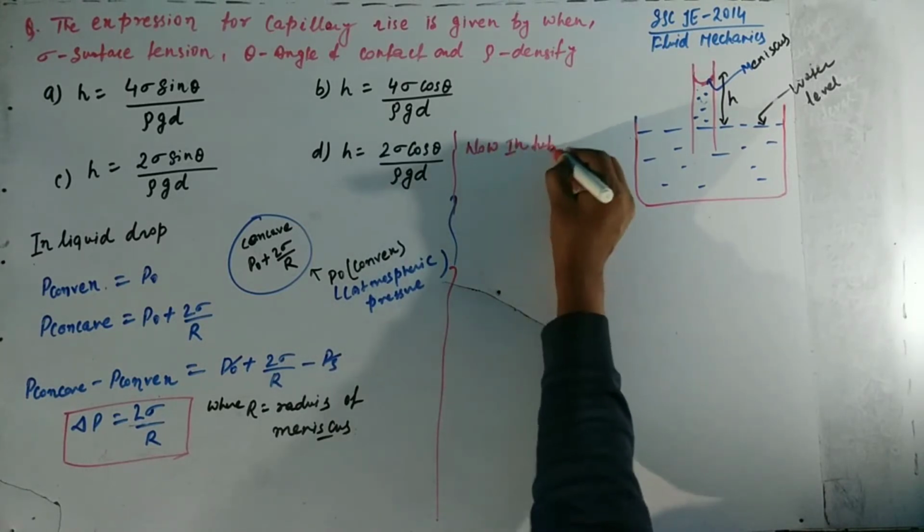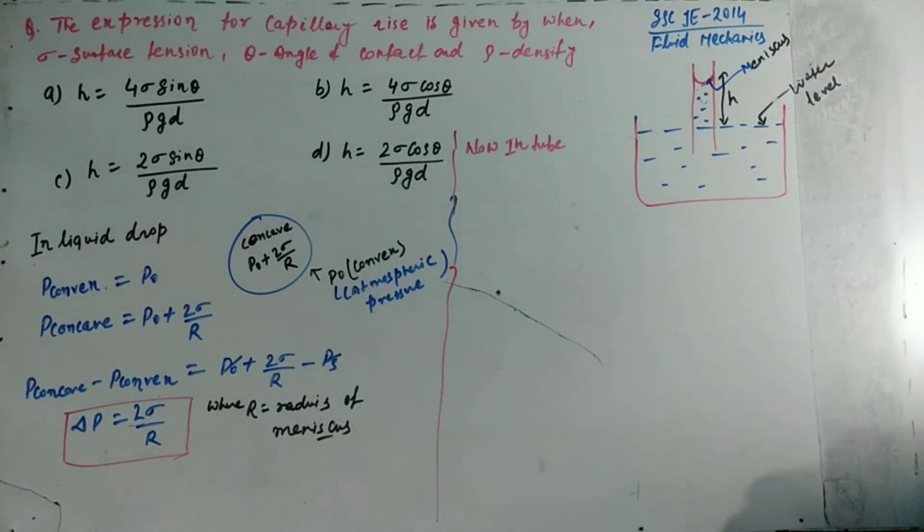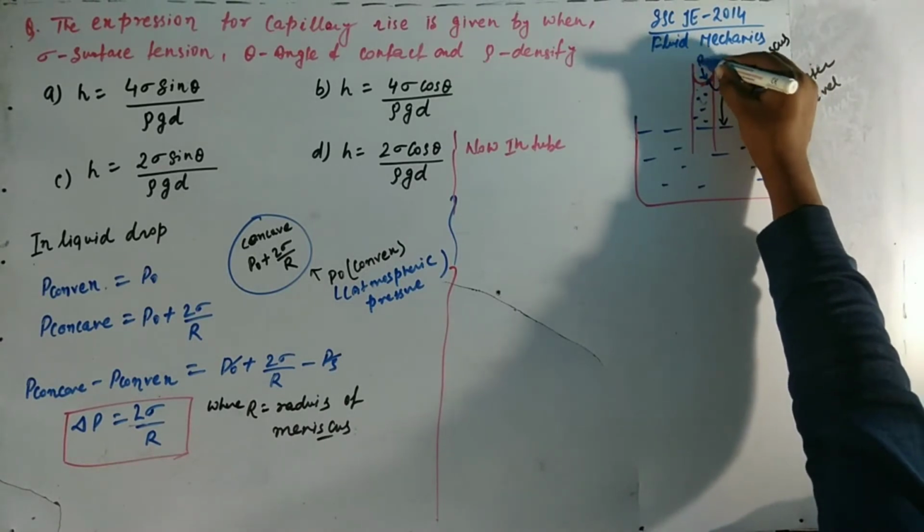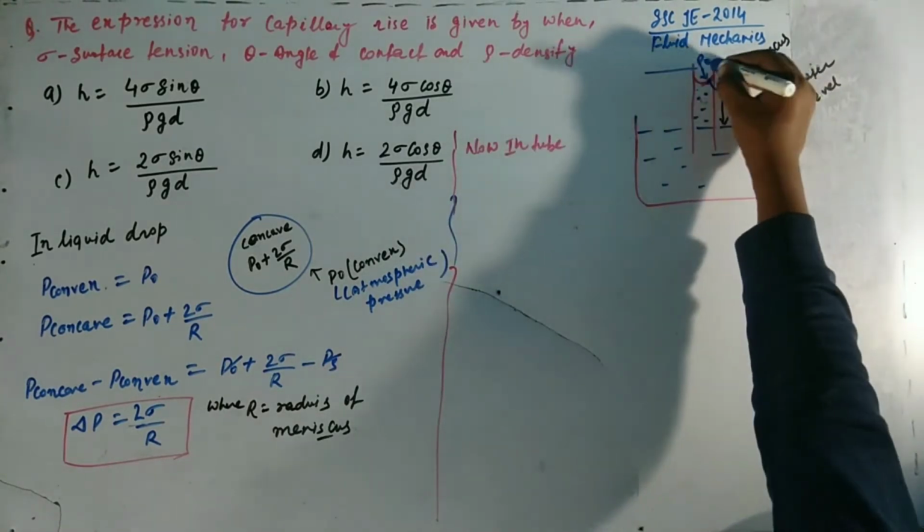Now in the tube, this is the meniscus of the tube.